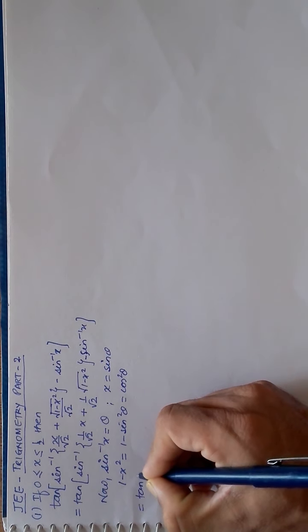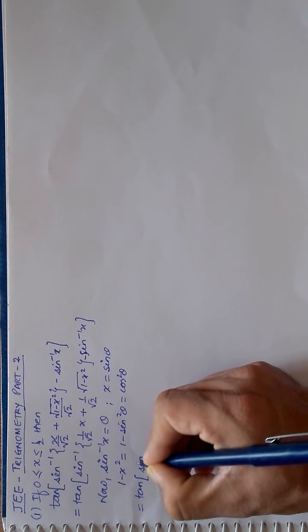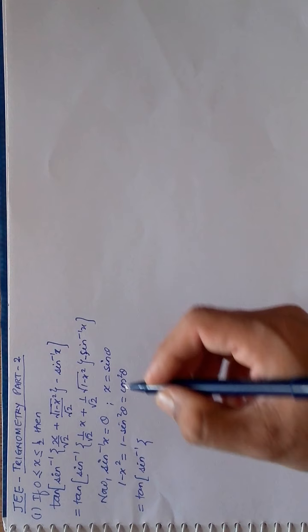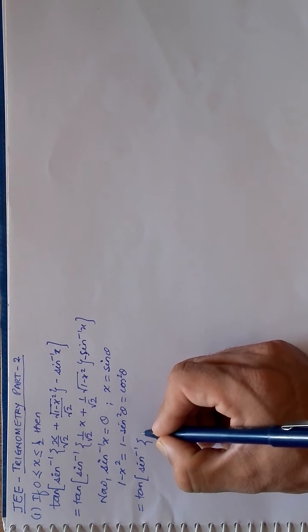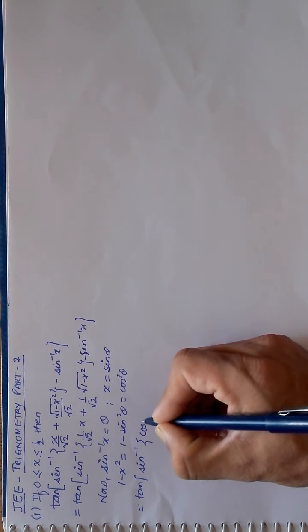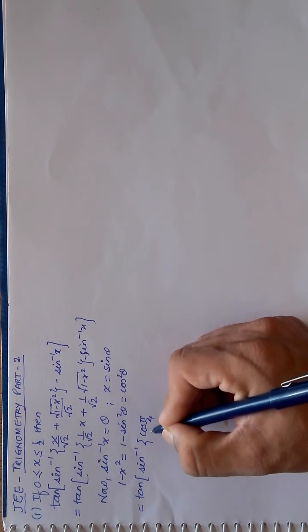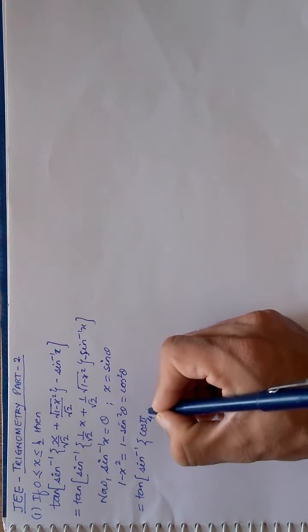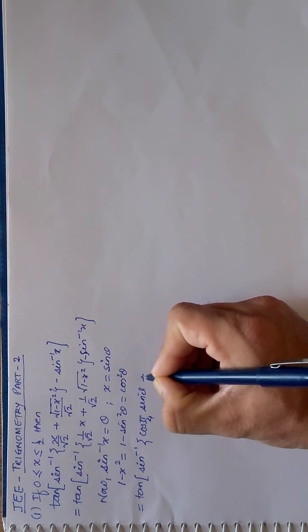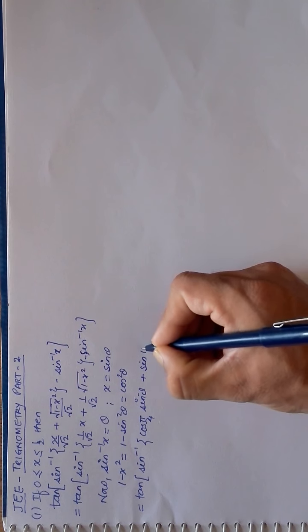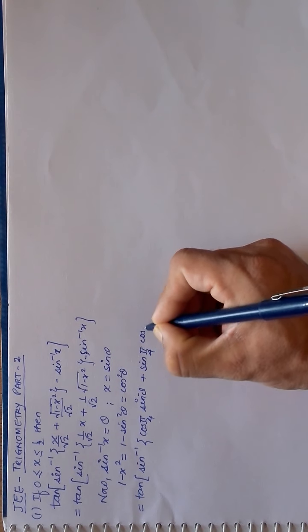So you will get tan sine inverse, right? Now here I got x as sine theta, so I am taking this 1 by root 2 as cos 45, because I want the sine formula. So I am taking cos 45 and x as sine theta. Agreed? Then 1 by root 2 again as sine 45, that is pi by 4, and under root cos square theta is nothing but positive root cos theta.